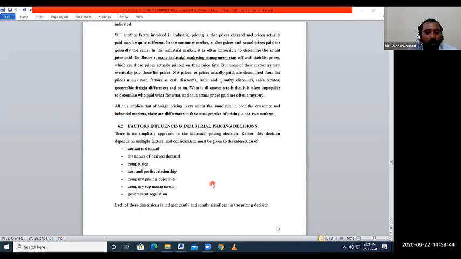The cost and the profit relationship. Can you tell me the relationship between cost and profit? What's their relationship, direct or indirect? Anyone? What's the relationship between the cost and the profit?